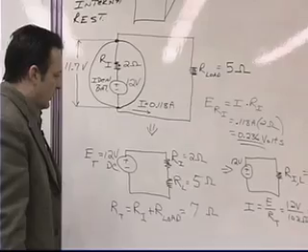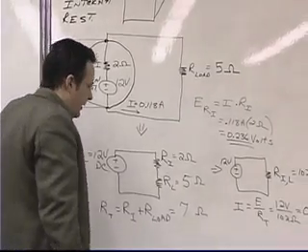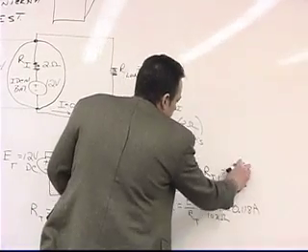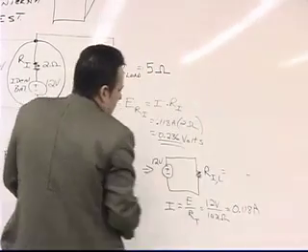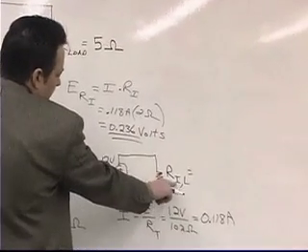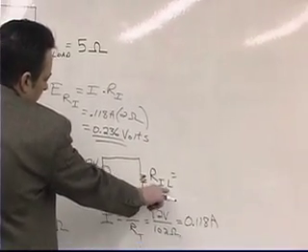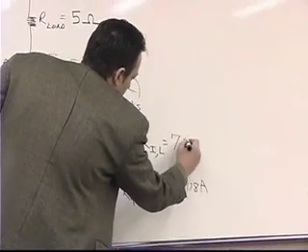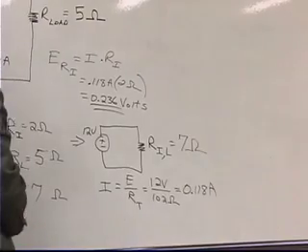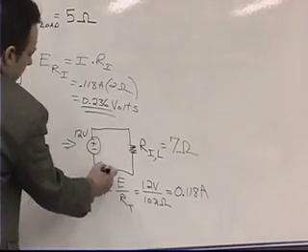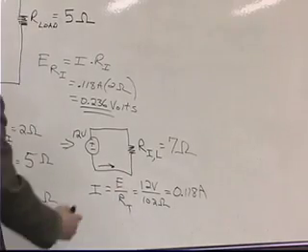Now, if we come over here and we recalculate what the current is that's flowing in this condition, our total resistance, including the internal resistor and the load resistance, we found was 7 ohms. Okay? And so now, the current that's flowing in our equivalent circuit, this current right here, is going to be the same.